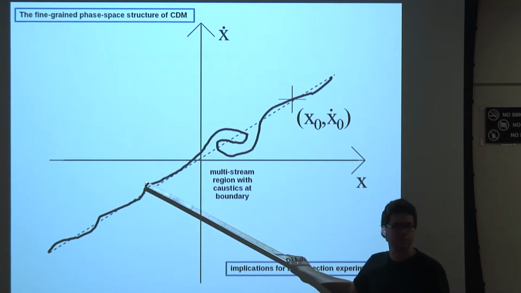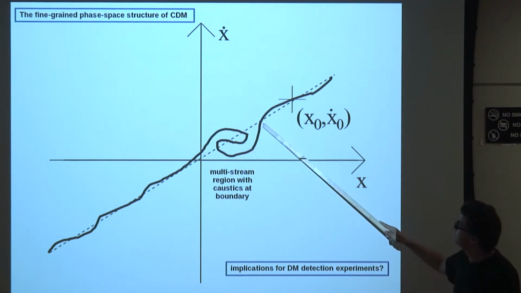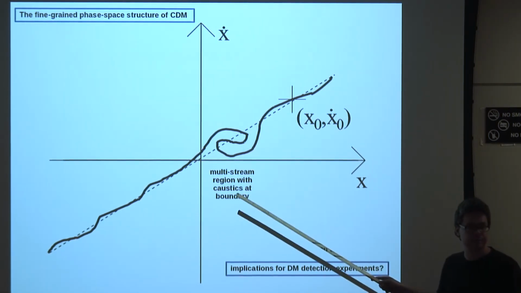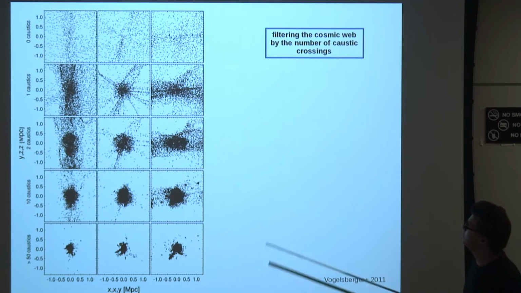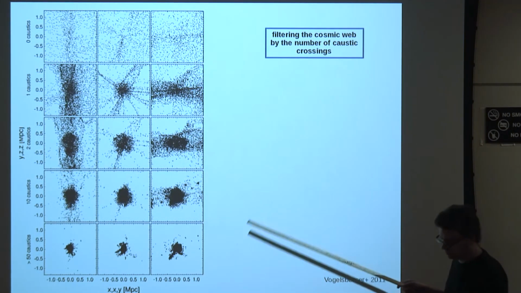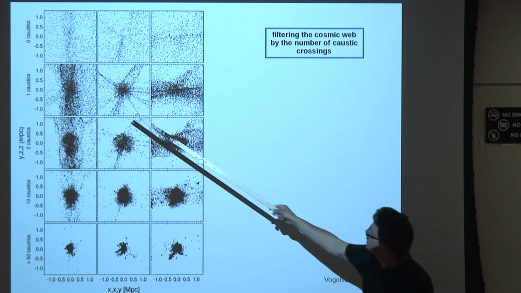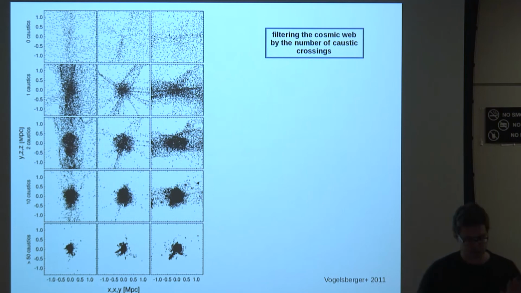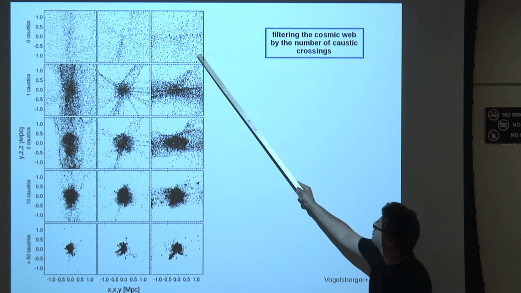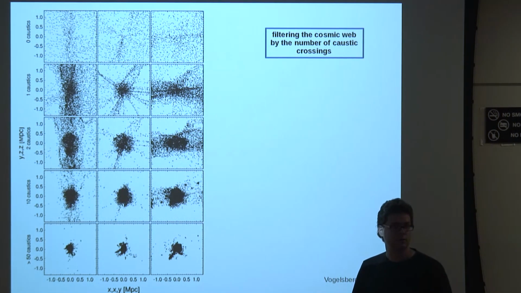So their caustic count should actually be 0, because they only increase their caustic count if they fall into a halo. So what we would expect is that far away from the halo, we would see these 0 caustic particles. And in fact, if you filter only for particles which have 0 caustics, you get a pretty uniform distribution of all the particles that didn't go into a sheet or anything of the cosmic web or the halo yet.